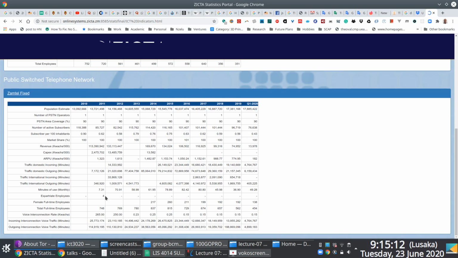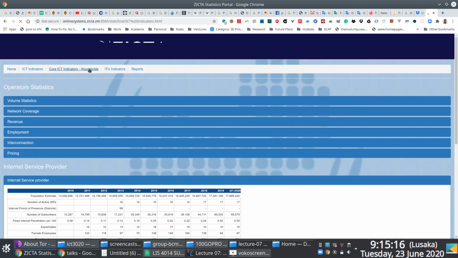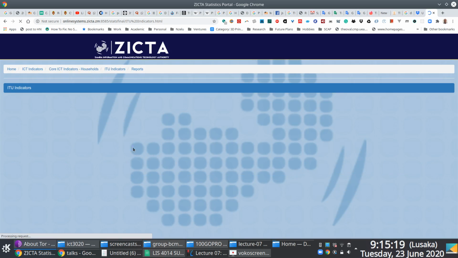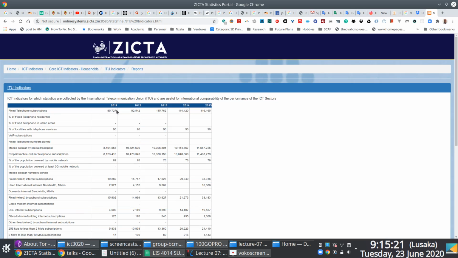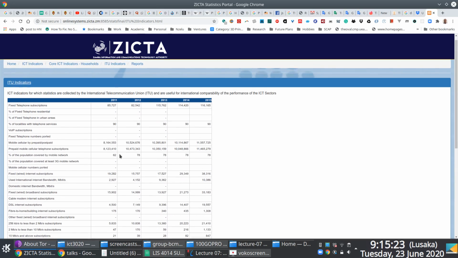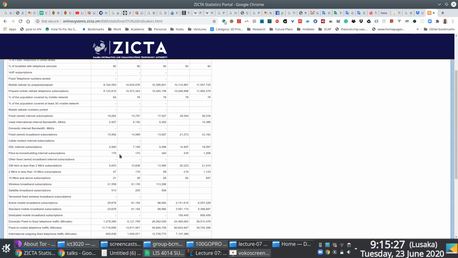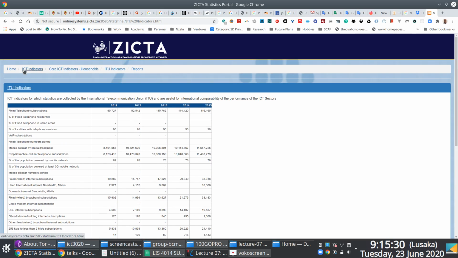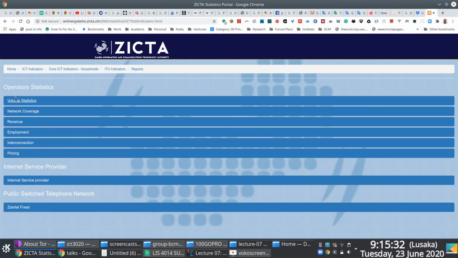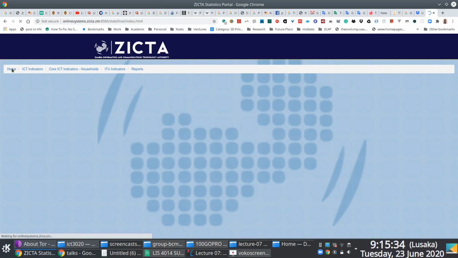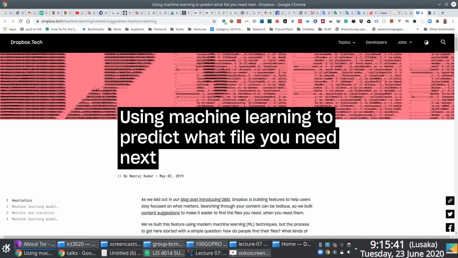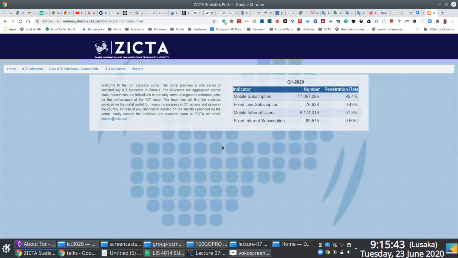There we go. No, this is for Zamtel, I guess. Maybe ICT indicators. Anyway, that's sad. I thought this stuff would be readily available. And Zicta actually does a really horrible job of doing this.